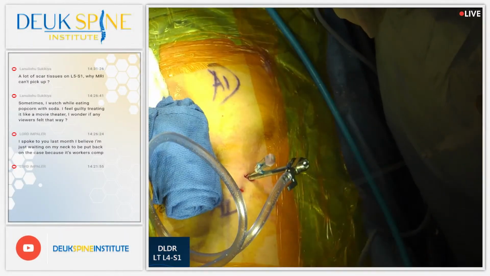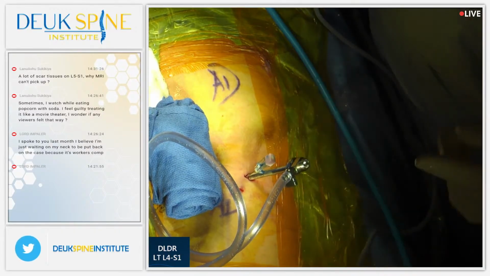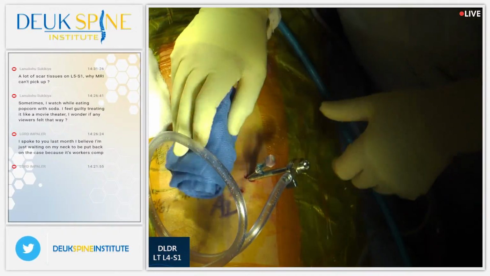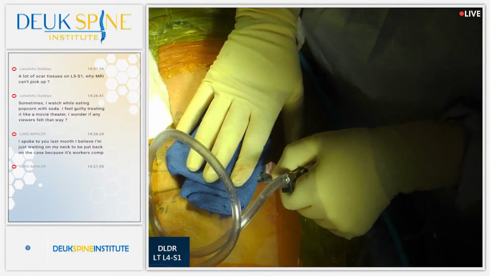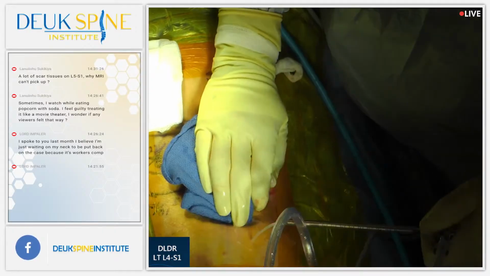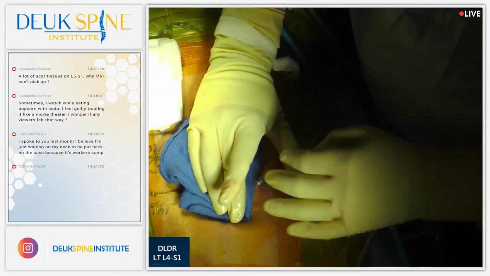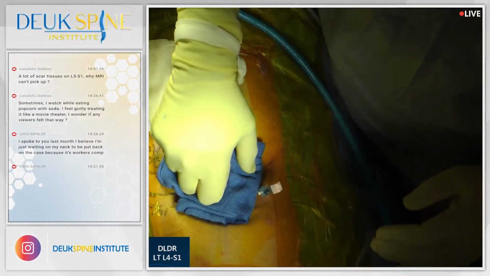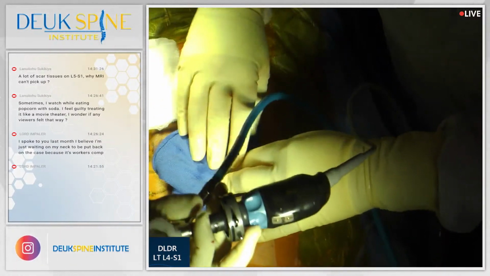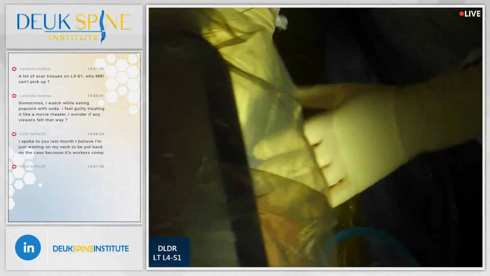I'll tell you why. The annulus fibrosus, which is where the scar tissue is, is made out of collagen and elastin, and scar tissue is made out of collagen and elastin. So the MRI cannot distinguish one from another, scar tissue versus annulus.